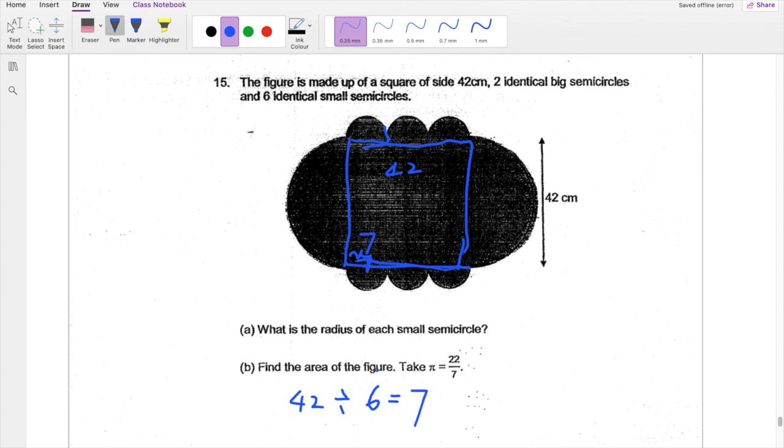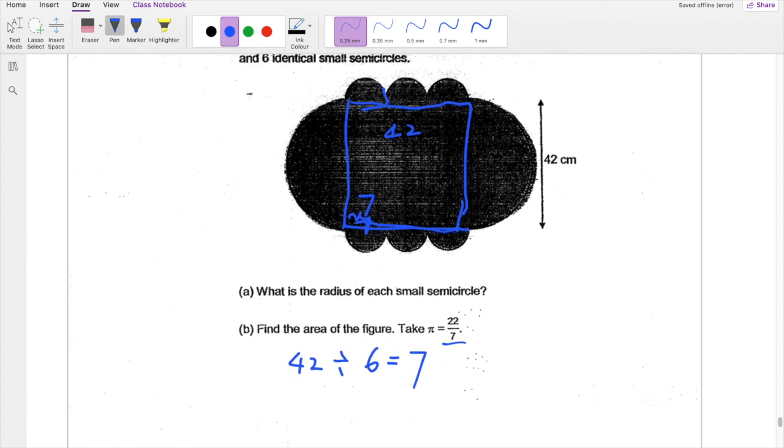Okay, second, find the area of the figure. Take pi in this one. Well, we can see that this is 1 square. These 2 semicircles become 1 circle, and 6 small semicircles become 3 circles, right? So we use the square, 42 times 42, plus 1 big circle, right? This semi plus this semi equals pi r squared.